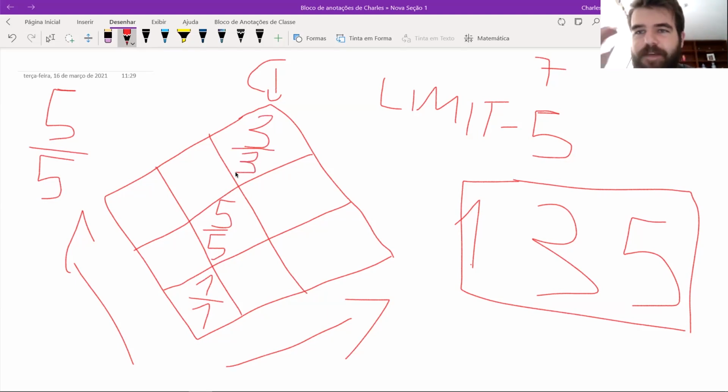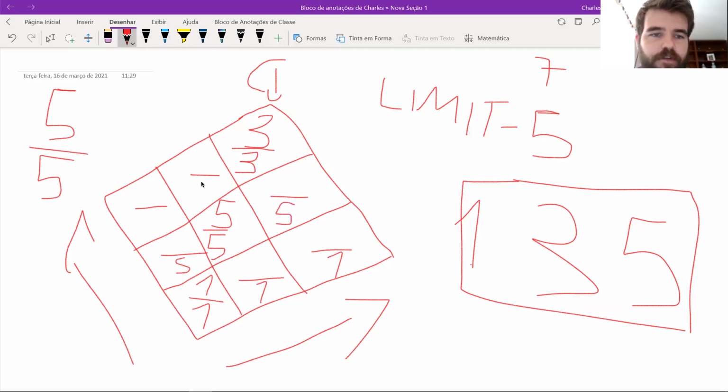The first step is very simple. You repeat the denominator of this diagonal. So going left to right, you repeat the denominator.